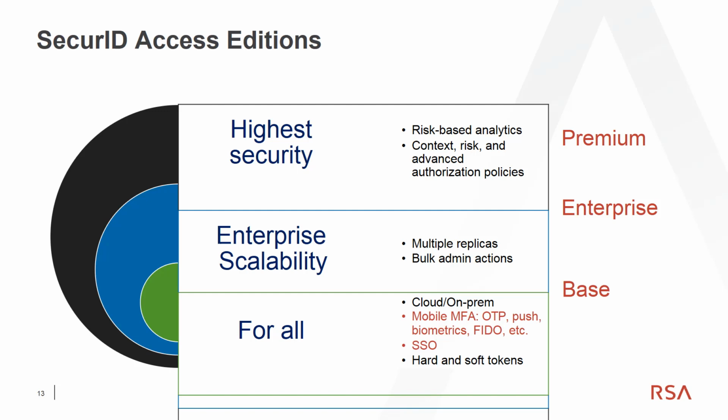So the main difference between Base and Enterprise: Base is for those smaller organizations that have that one-to-one solution, in terms of they need one primary server and one replica server for the authentication manager, and they don't really need anything else, right? That one-to-one relationship is enough, and that's all they need. Whereas Enterprise, now I have one primary server and multiple replica servers because I need high availability or 100% uptime, fault tolerance capabilities.